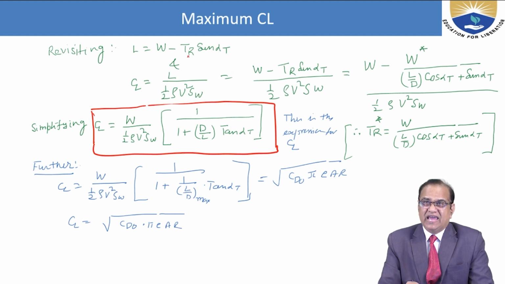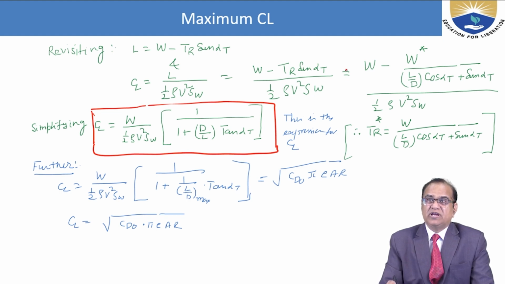We can write here L is equal to W minus TR sin alpha T, divided by half rho V square S_W. Here TR is equal to W by L by D, cos alpha T plus sin alpha T. We have put this value for the TR.